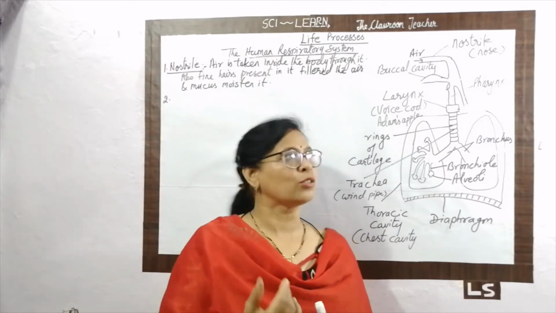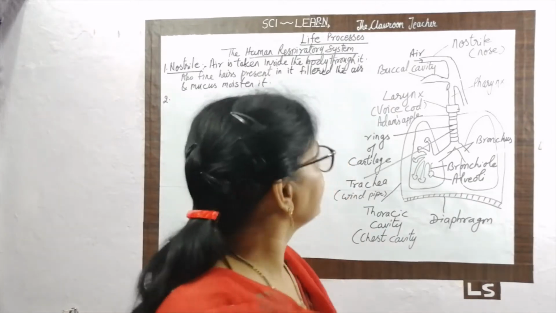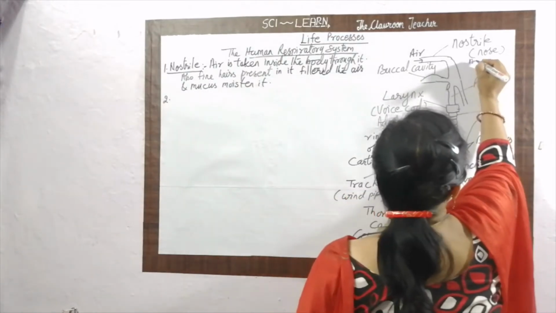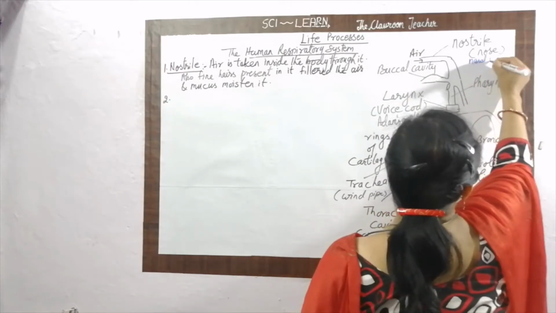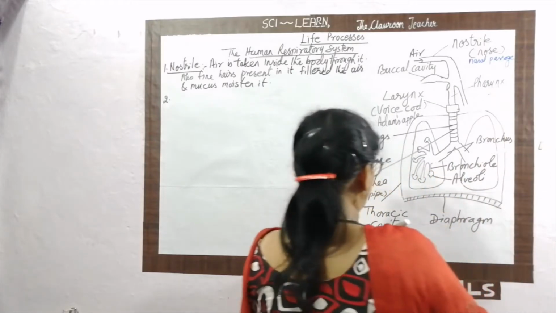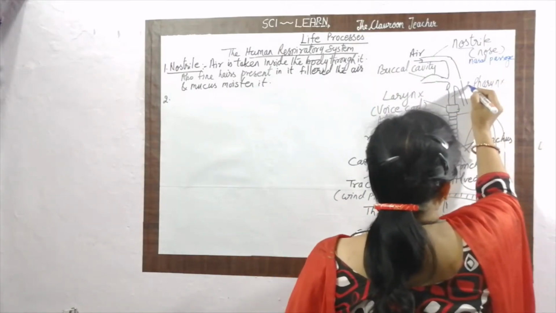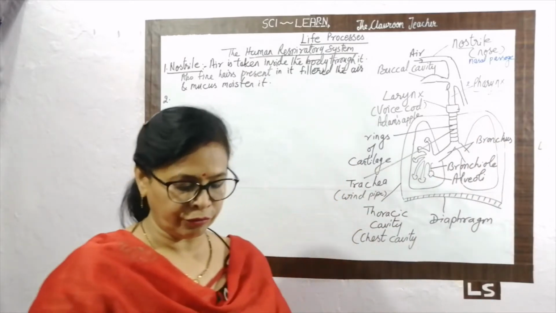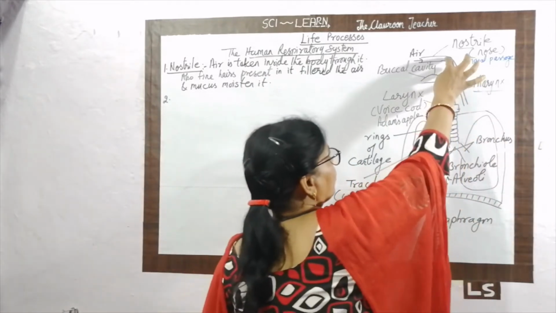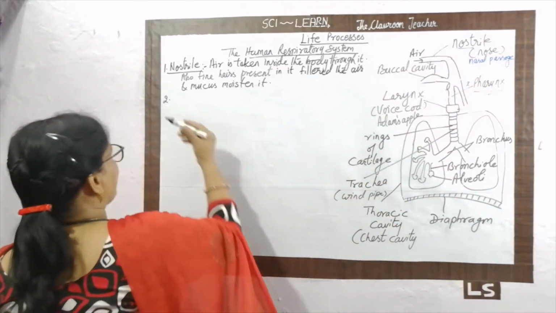Then this is also called the nasal passage. The second part which is present here, first this is the nose, second is the pharynx. Now what is the role of the pharynx? The pharynx is actually the joining part of the nose to the windpipe.